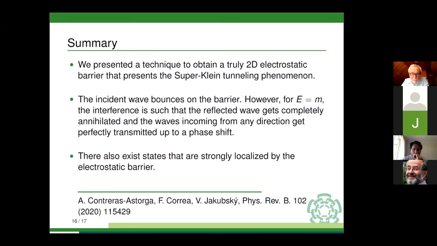This happens only at a specific energy. In general, we could say that we have reflection, but at this specific energy, the reflected wave gets completely annihilated, and the waves incoming from any direction get perfectly transmitted. And as an additional result, we found strongly localized states in this system.